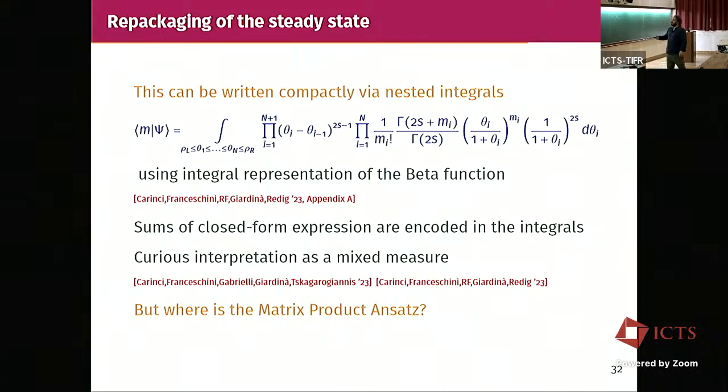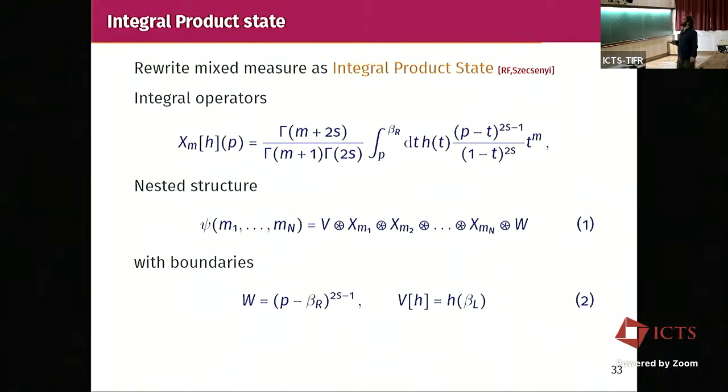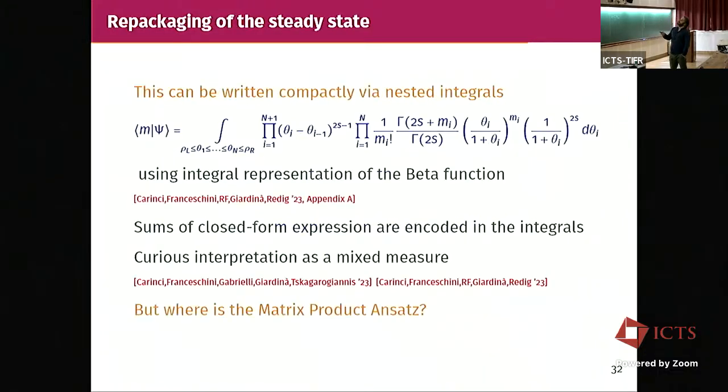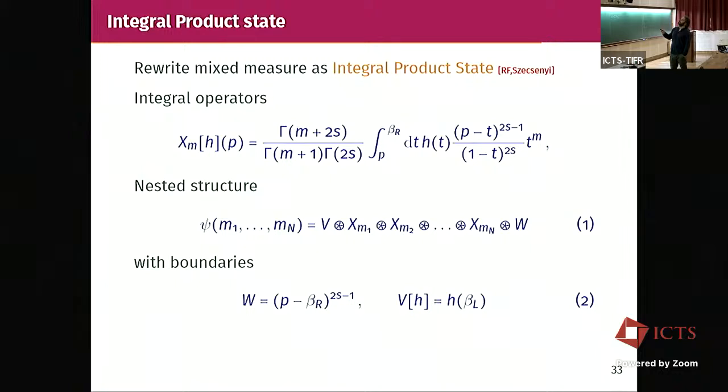But where is the matrix product ansatz? You can obtain this if you look carefully at this expression. You can write this mixed measure as an integral product state. So you define integral operators x_m, where m goes from 0 to infinity. They take a function h of t and produce a new variable p.